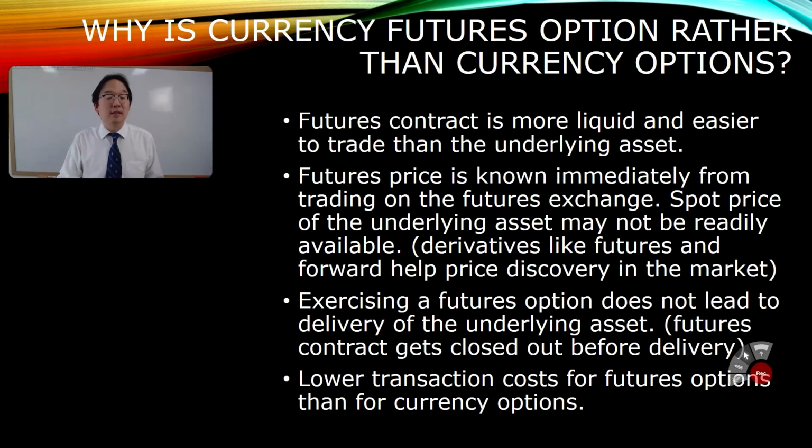For the underlying asset itself, or even the non-futures spot market, there may be less liquidity, so the price may be inaccurate. Whereas the futures market is liquidly traded, information is reflected in real time, and it is much more efficient. So futures work this way, helping price discovery.